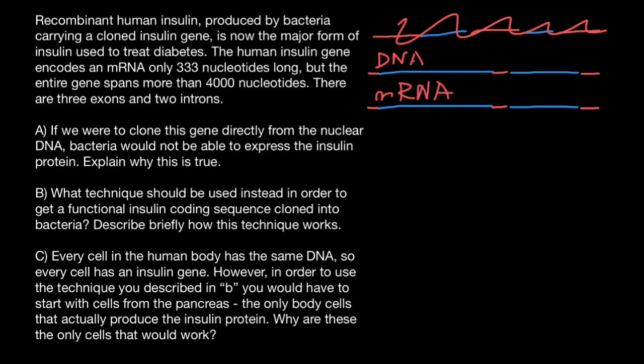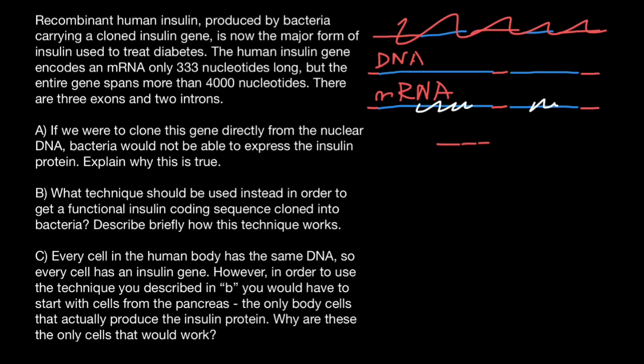But this is going to be the early form of the messenger RNA. Later, these introns would be cut away, and we are going to see messenger RNA that only consists of this coding sequence. Also, it's going to undergo certain modifications.